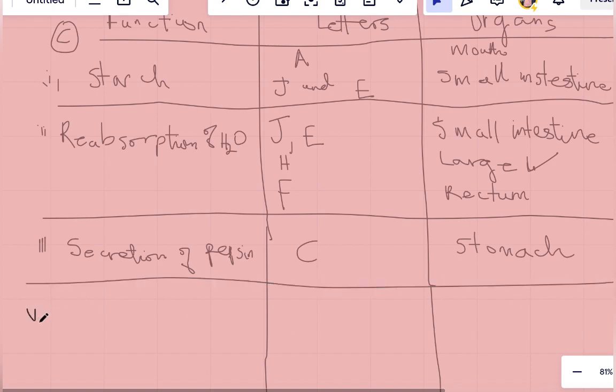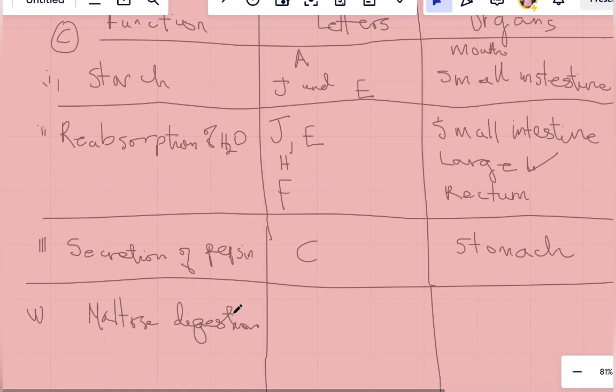So I'll just write maltose digestion. Where does it take place?